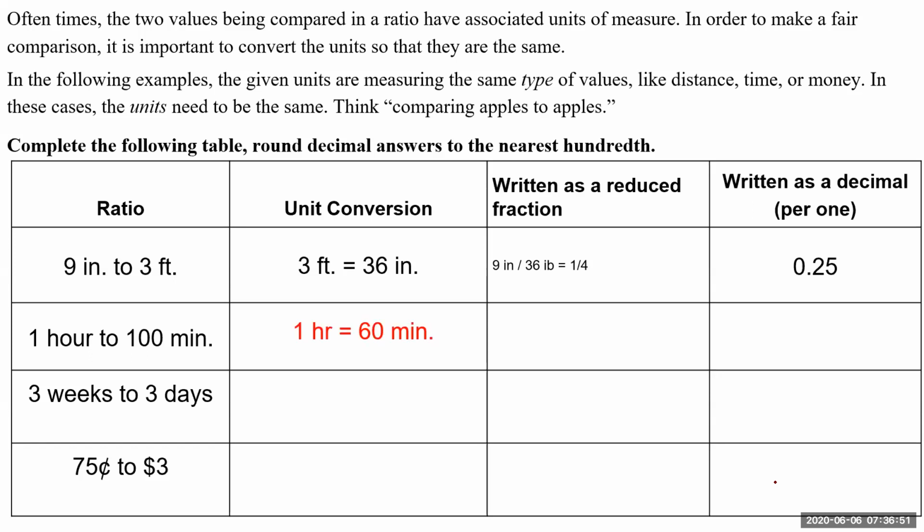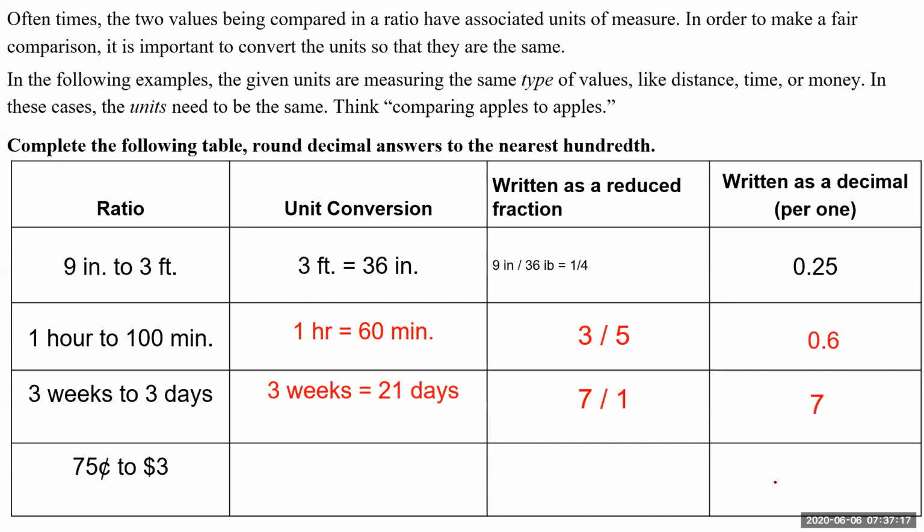Okay, so we know that 1 hour is 60 minutes. So that will give us what? 3/5. And as a decimal, now 3 weeks to 3 days. All right. So the unit conversion is that we know that 7 days is equal to what? 1 week. So if you have 3 weeks, we have 21 days right there. Now we reduce that and we have 7/1.